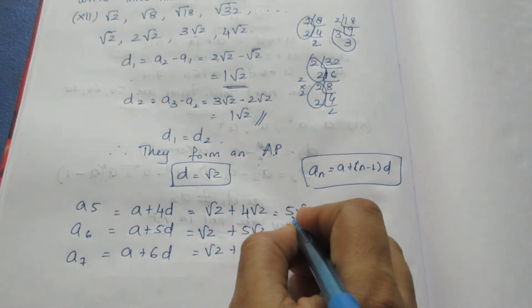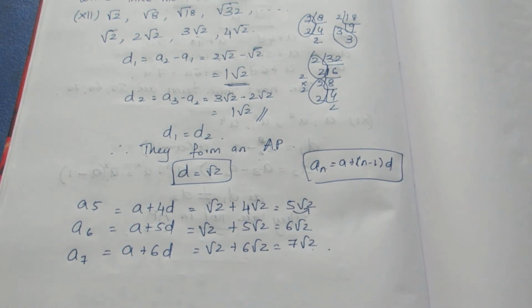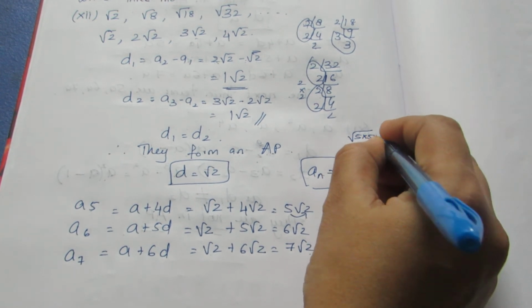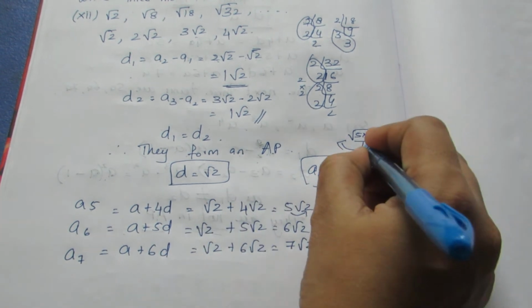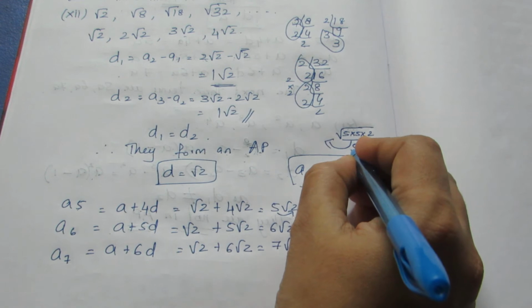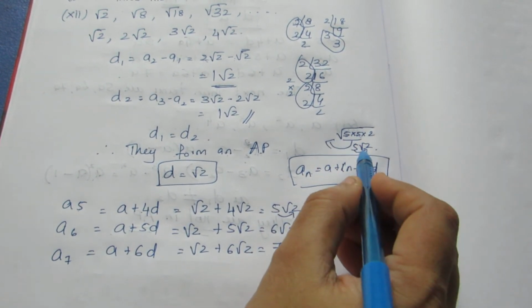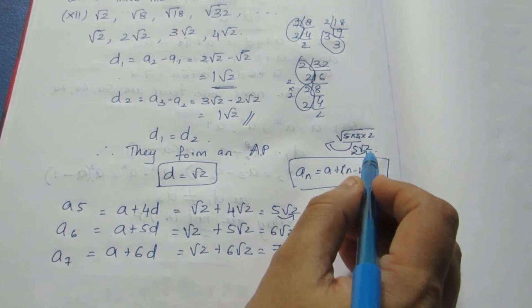To bring this number inside the root: if there are 2 5s, I can bring one 5 outside, and it will be 5 root 2. The same way, if I want to bring this 5 inside, I need to multiply twice. So taking out, if there are 2 5s, we take out one 5 with root 2.